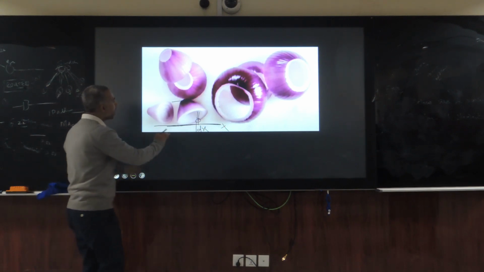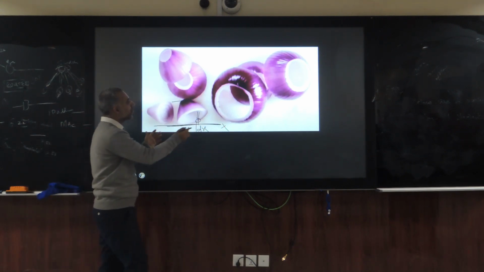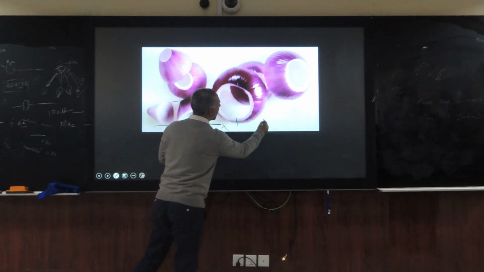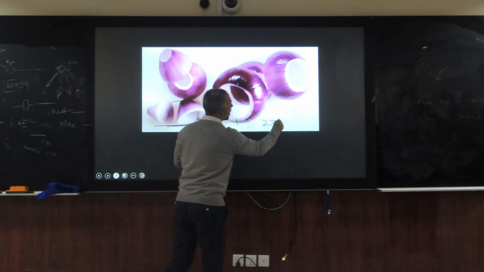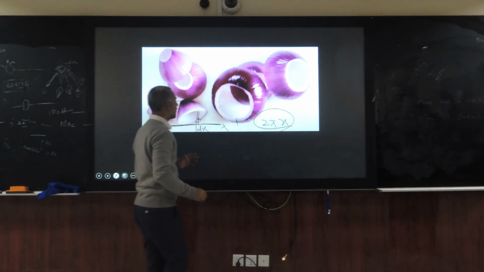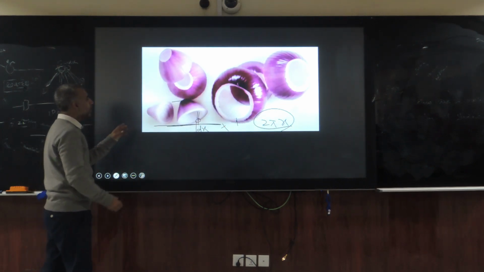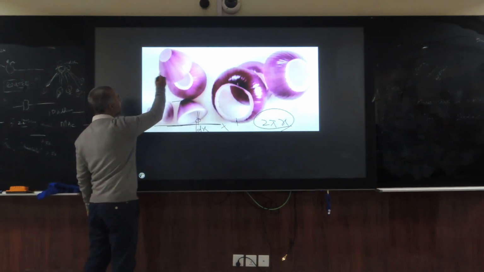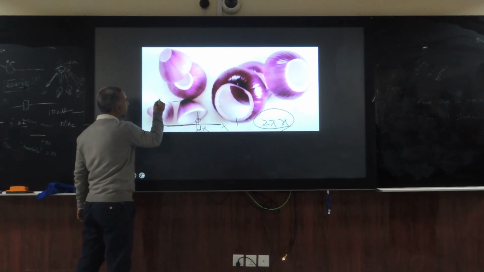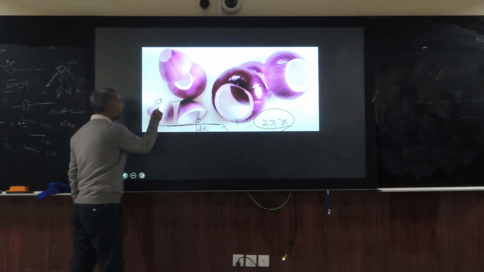So if we are unwrapping each shell, then of course we will get some kind of circumference of each shell. And from the top to bottom, the maximum height is A.